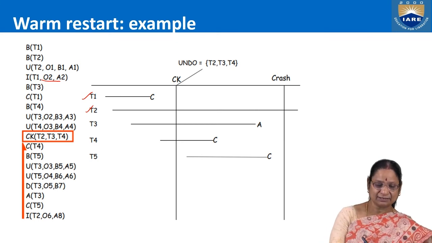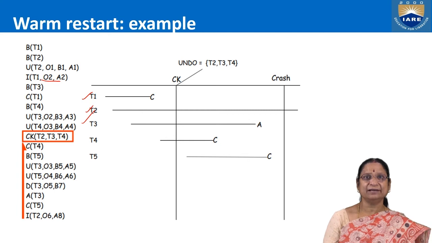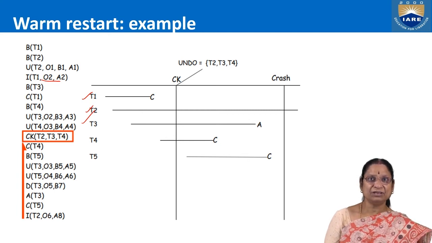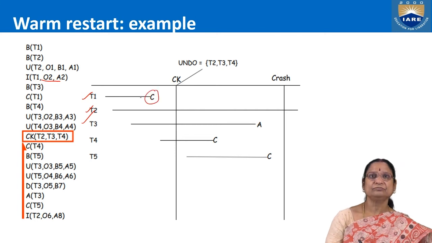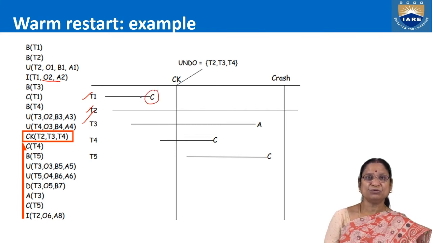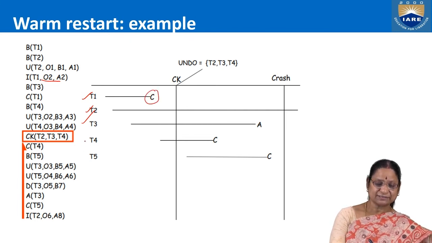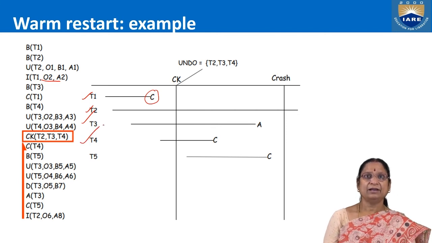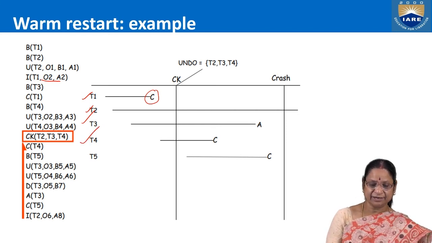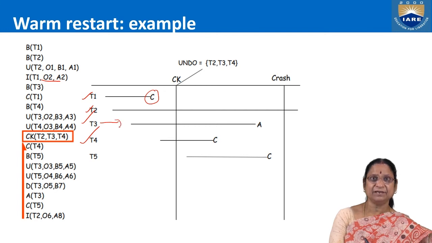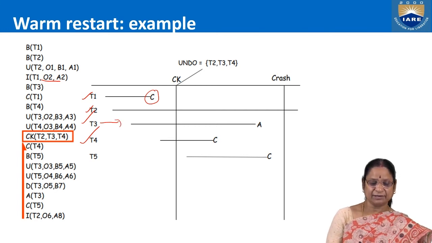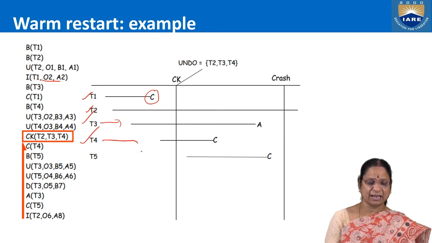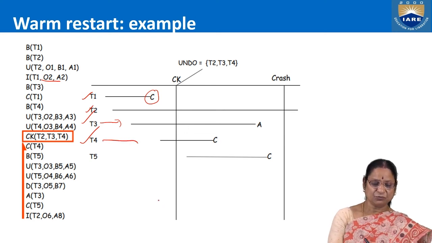B of T3 means the third transaction started, and C of T1, transaction T1 is committed. B of T4, the fourth transaction started, and T3 is updated. T4 also has some updates. Then T4 committed, T4 completed.